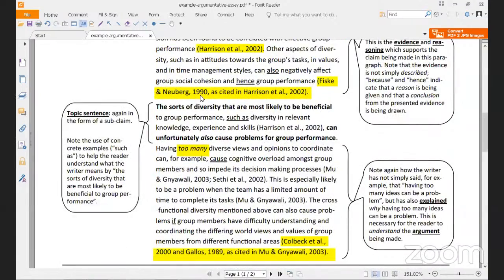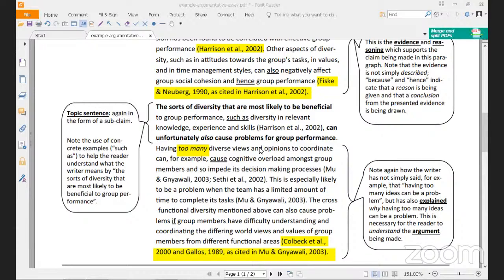Let's go to the next paragraph. Can you help me read? Okay. The sorts of diversity that are most likely to be beneficial to group performance, such as diversity in relevant knowledge, experience, and skills, can unfortunately also cause problems for group performance.